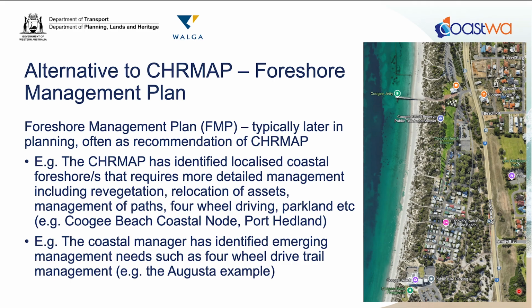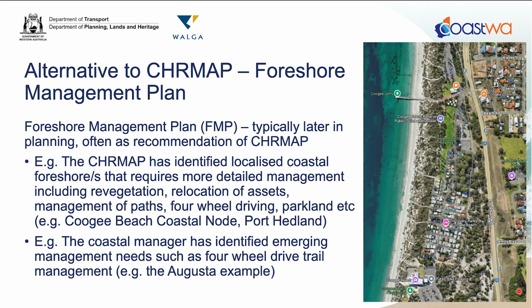So this example on the right is the Coogee Beach coastal node, and the City of Cockburn did a foreshore plan for this. They called it a land use master plan. And that essentially identified long-term adaptation responses. And you can see in the image that Coogee Beach includes a caravan park.